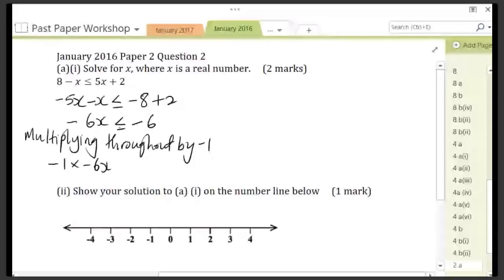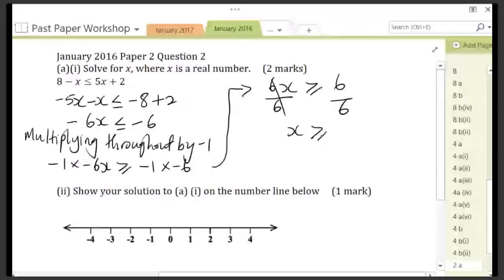So this becomes greater than or equal to minus 1 multiplied by minus 6. So this becomes here 6x is greater than or equal to 6, divided by 6 divided by 6. X here is greater than or equal to 1. Okay? So that's your answer there. So I'll go over it again.